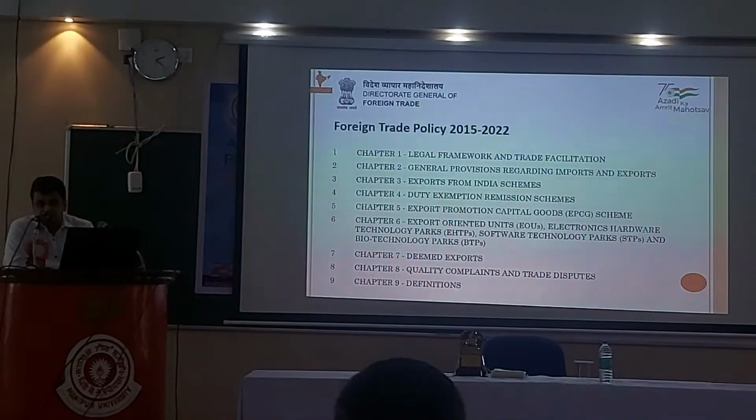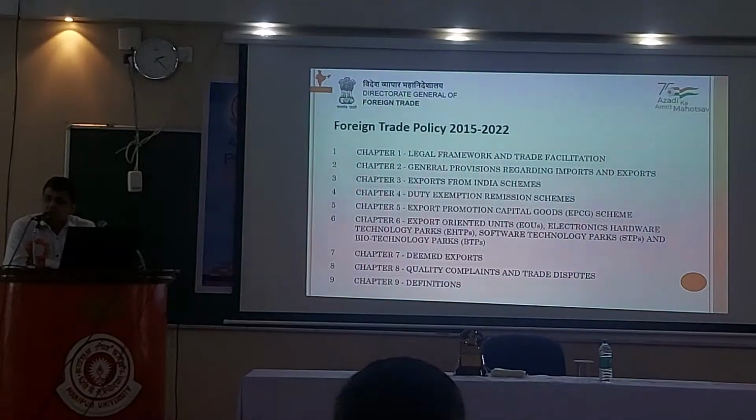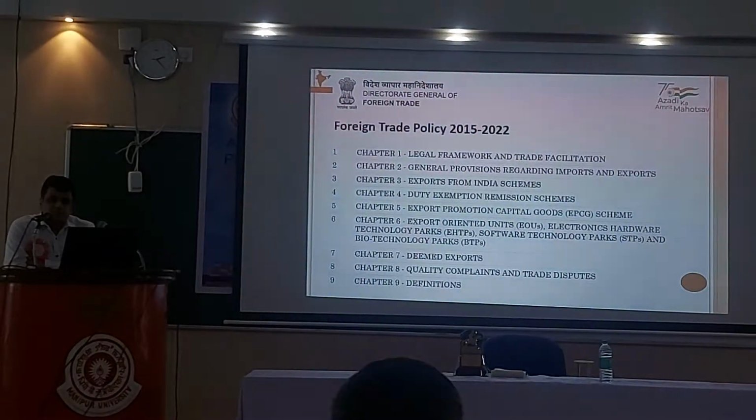That's it. Chapter 1 is the legal framework and trade facilitation: under what provisions the policy is formulated, who formulates it, how it is formulated, what the legal framework is. And chapter 2 is the general provisions regarding imports and exports. These are important chapters. Then there are specific chapters.